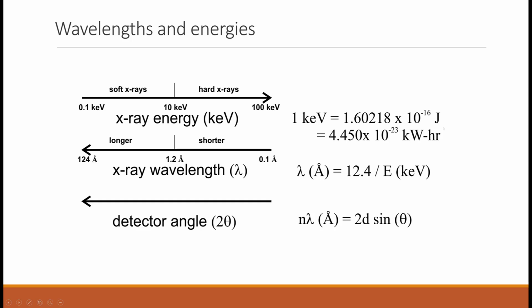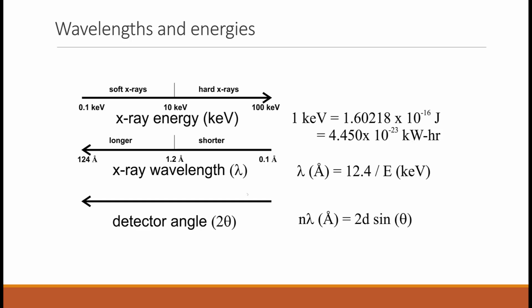Although maybe you're not comfortable with joules, perhaps you're more comfortable with the kilowatt hour, which is what the power company is using to disseminate your units of energy to your house. Well, that's equivalent to 4.450 times 10 to the minus 23 kilowatt hours. This is a small amount of joules and an even tinier amount of kilowatt hours.